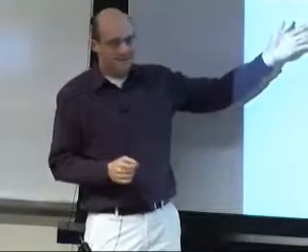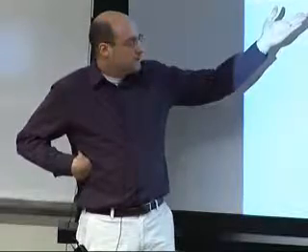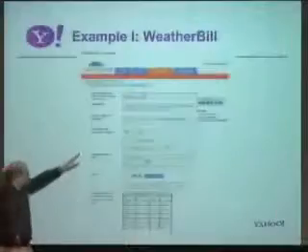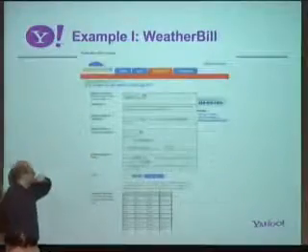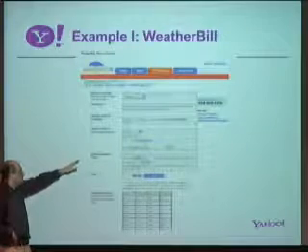This is a hypothetical example where I want to take a vacation at the shore in Atlantic City, and I want to insure my vacation to make sure it's sunny. You can't really read this, but there's a huge number of options I can have here.